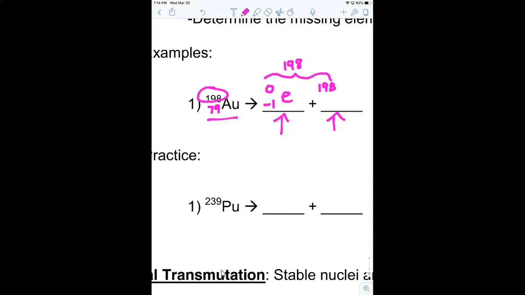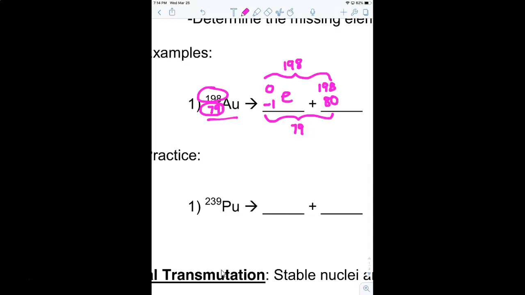The bottom number is the charge. Gold has a charge of 79. That means when these two particles get added together, their charges have to add up to 79. The beta particle has a -1 charge. What plus -1 is going to equal 79? 80.